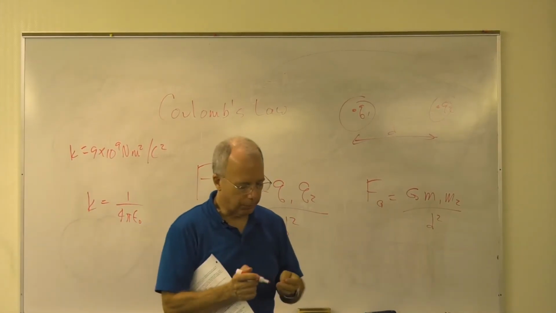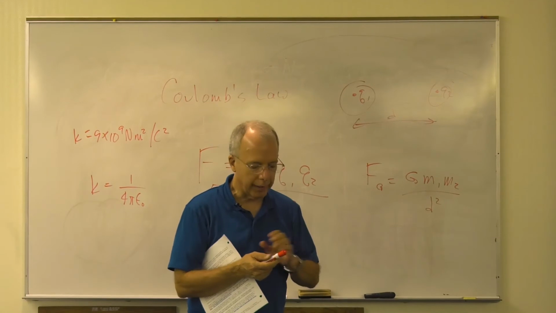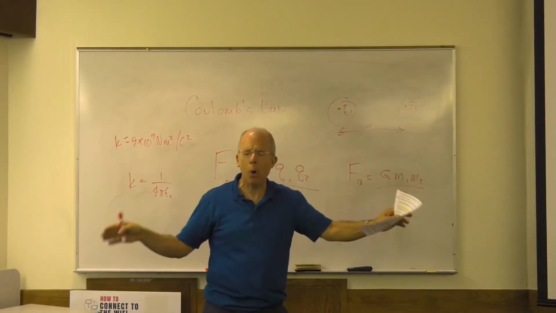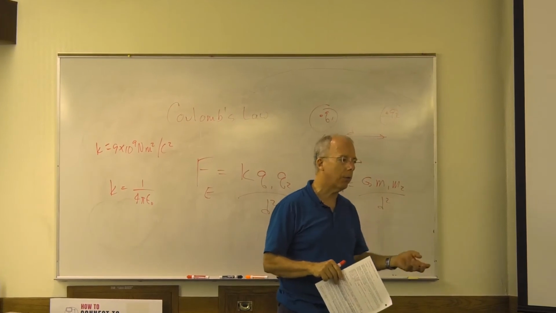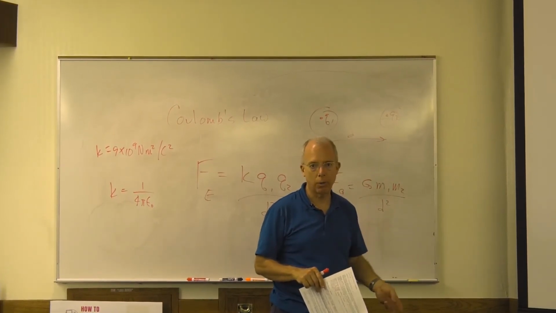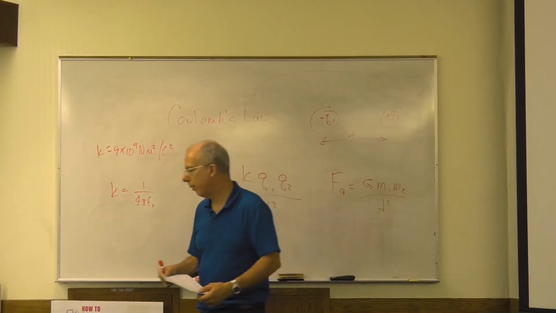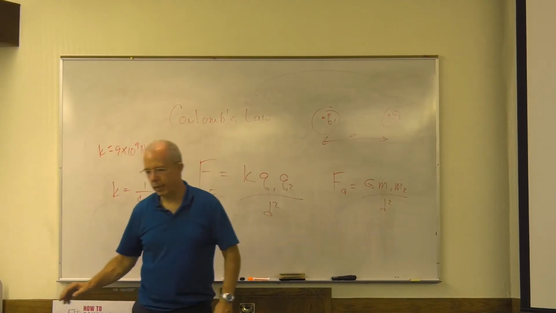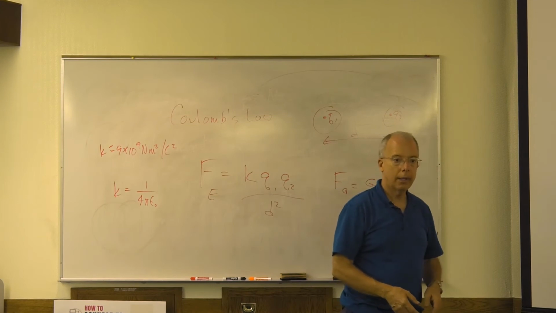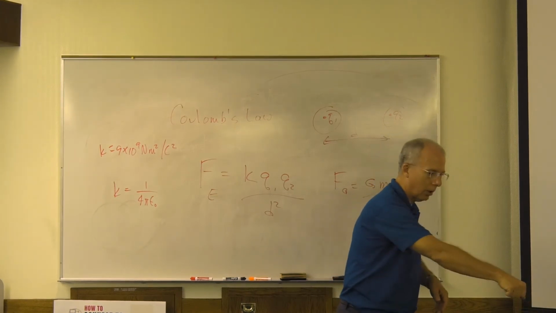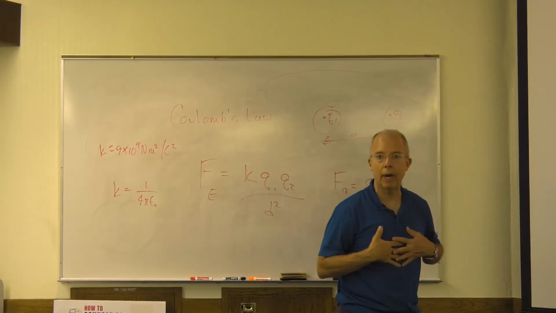Now, question for you. From your experience using just household objects, how does a gravitational force compare to the electrical force? For example, you've been drying some clothes, and you pull out the clothes, and it sticks to you, right?